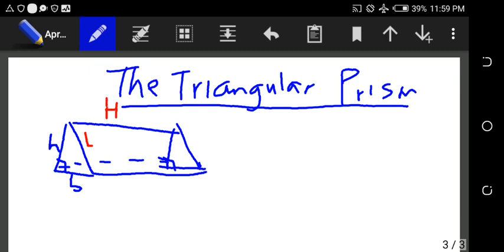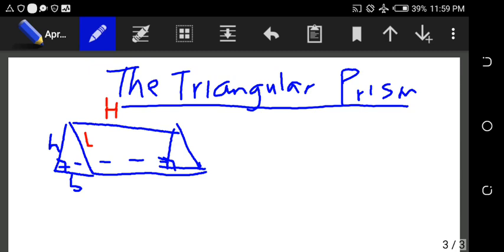If the prism is oriented to make the triangular side the base, then the prism will stand up and have the height H. Alright, so don't get confused. The small h is the height of the triangular base, while the capital letter H is the actual height of the prism.